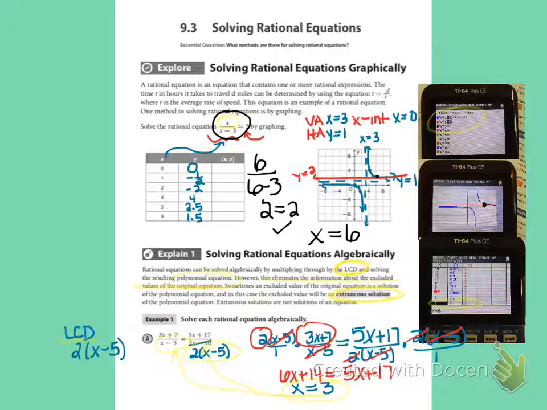Is where those denominators would have a value of 0. So I can see that the only value I really need to be concerned with is if I had gotten x was 5, then that one wouldn't have worked back in the original, but I got x equals 3, so we're going to go with that solution, x is equal to 3.